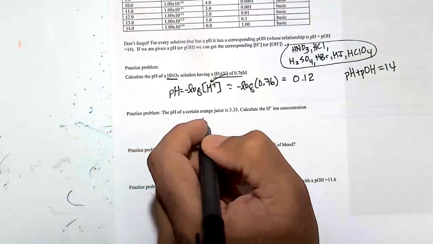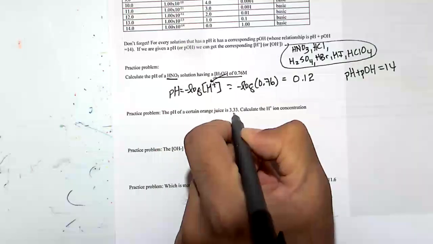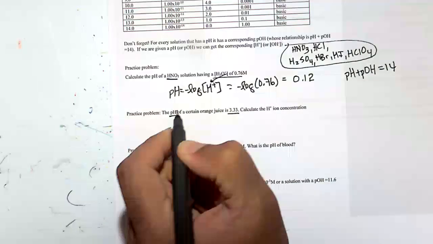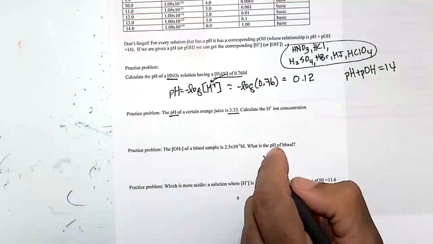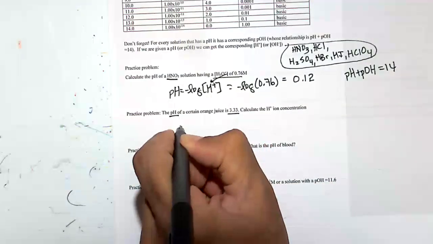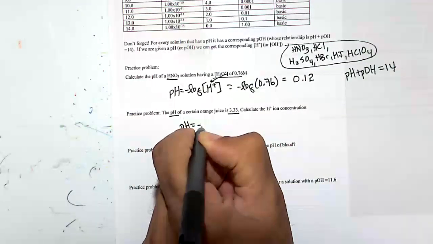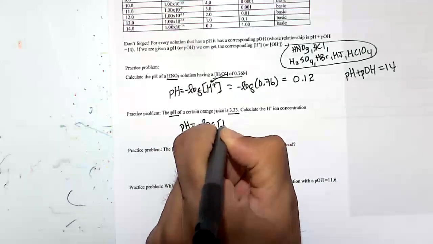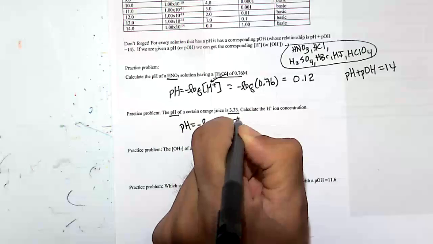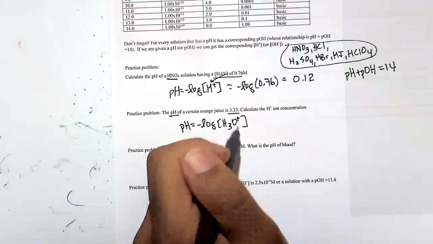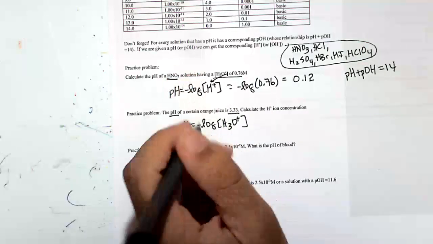How about this? The pH of a certain brand of orange juice is 3.33. Calculate the hydrogen ion concentration. So pH is minus the log of H3O+. Notice that I use them interchangeably.